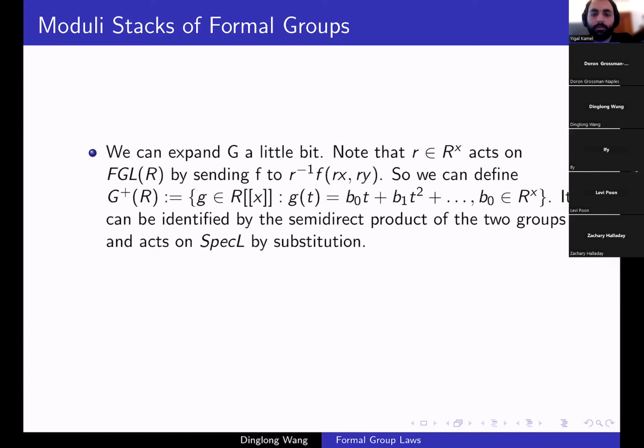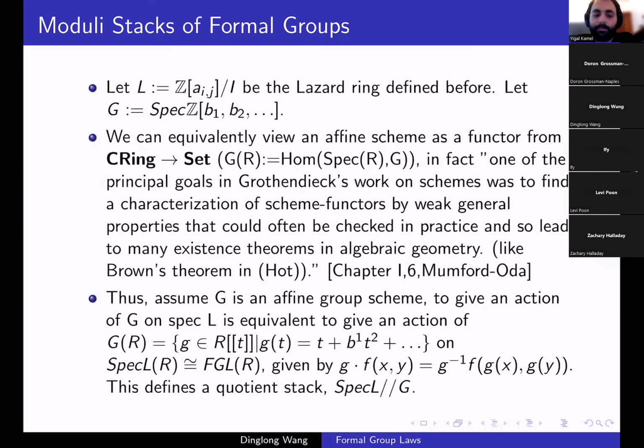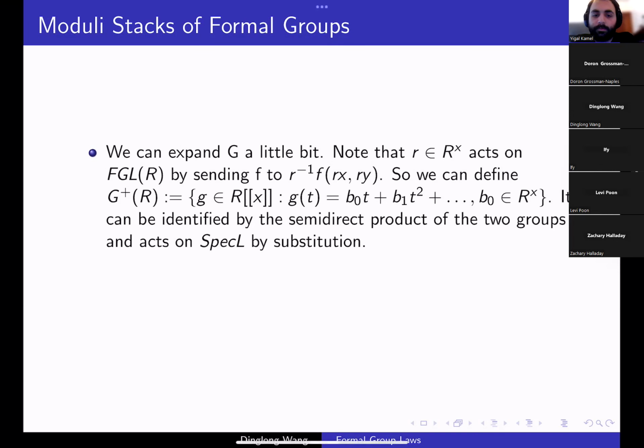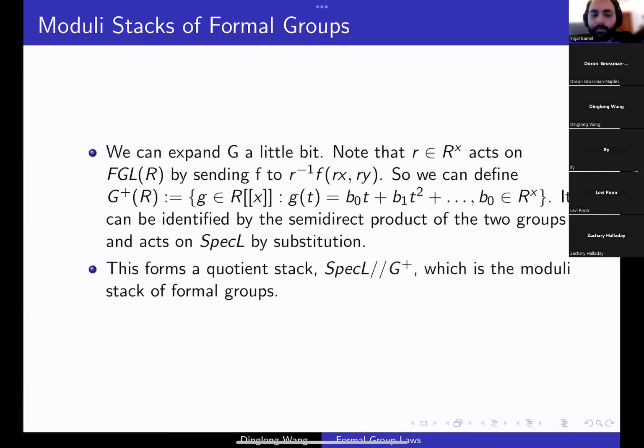So we can define G plus, and it can be identified with the semi-direct product of the two groups, namely the units and the G I defined before, and it acts on Spec L by substitution. And this gives us another quotient stack, which is exactly the moduli stack of formal groups.